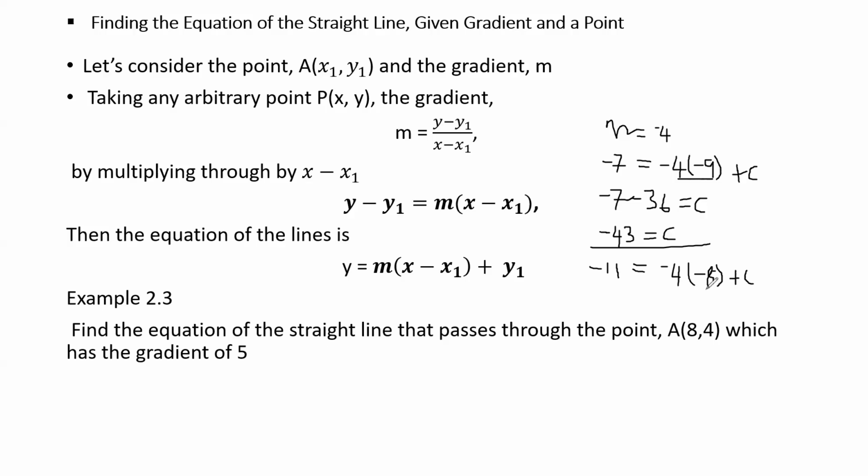And that positive 32 now will come to the left side, and become negative. Are you okay? Yes, sir. It becomes minus 11 minus 32, the same as minus 43. So that's why you can take any one of the points. So c is the same, negative 43.